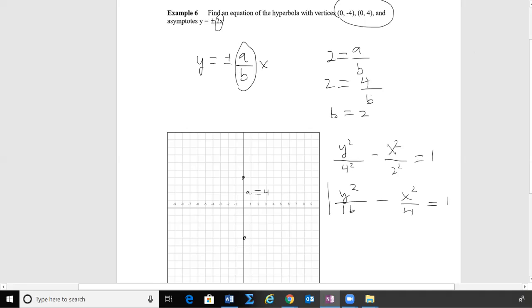They didn't ask us for anything else, so if you want, you can put this graph back together here. It comes out at 2 here, so here's that rectangle, with the diagonals to help you get that sketch.